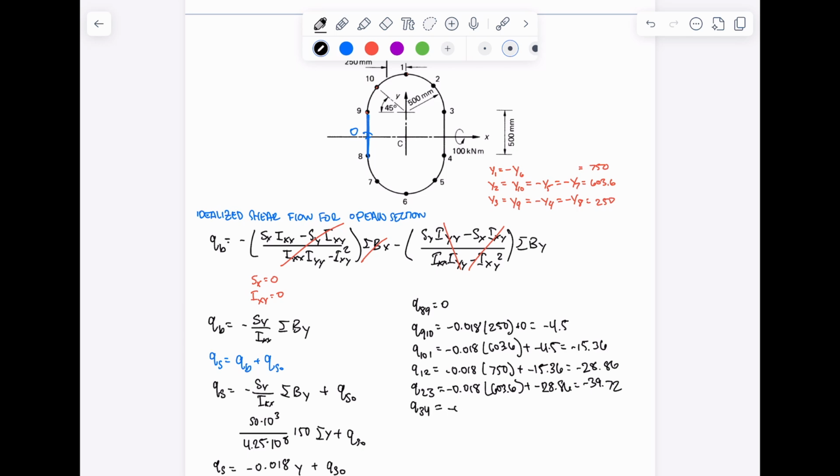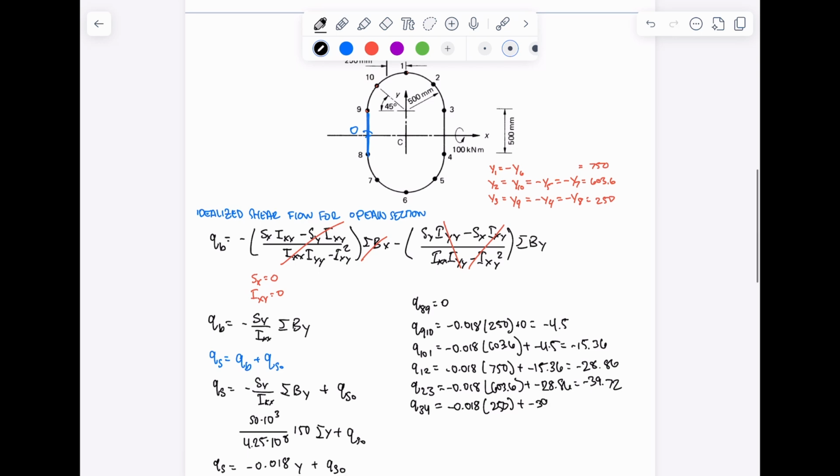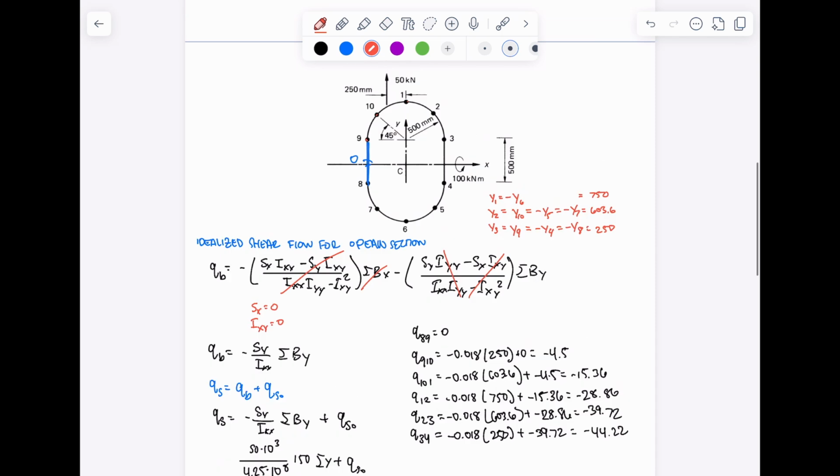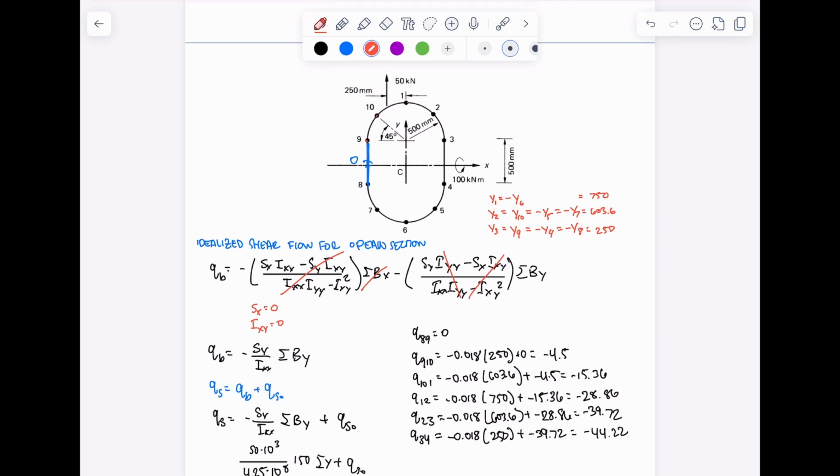Shear flow from 3 to 4, again, negative 0.018 times the distance to the centroid of the boom that we pass, which in this case is 3, and 3 is 250, plus shear flow from the previous section, negative 39.72, and we solve that to be negative 44.22.